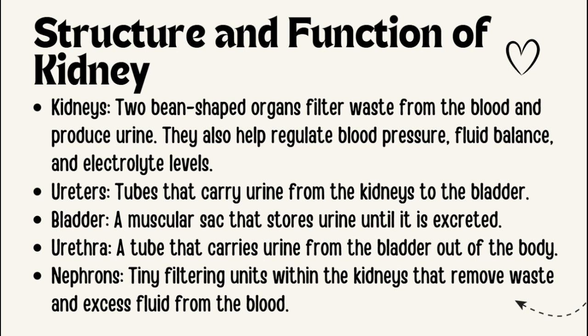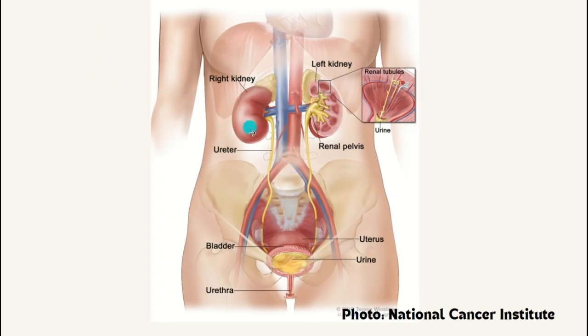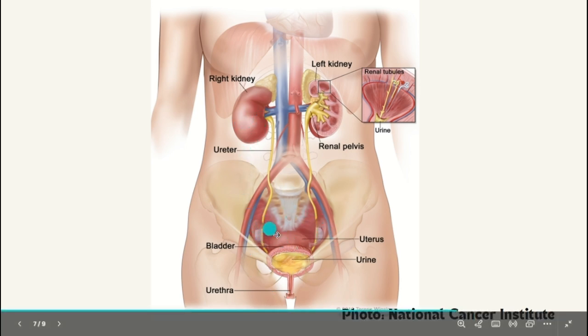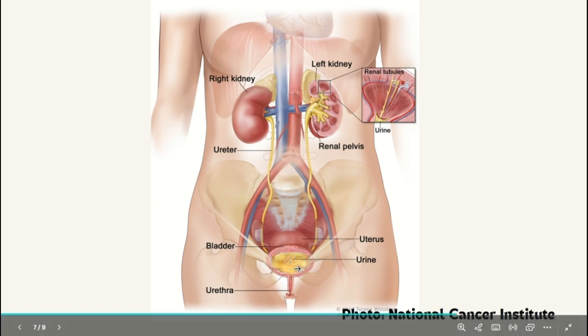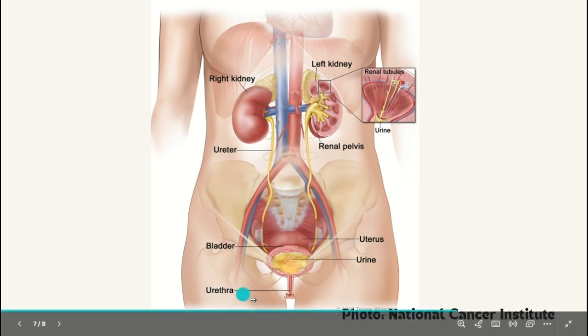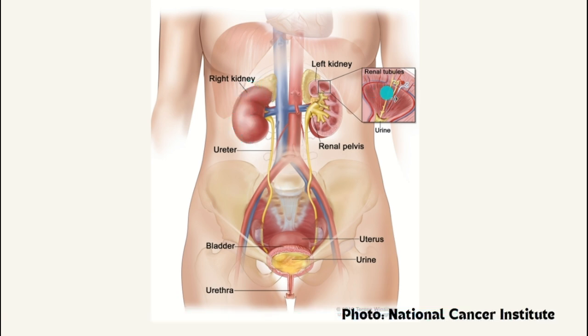You can see the bladder here, and this is the urine inside of the bladder. The urethra is the final place before the urine gets outside of the body. So in the kidney, we have our tiny filtering units, which are the nephrons.